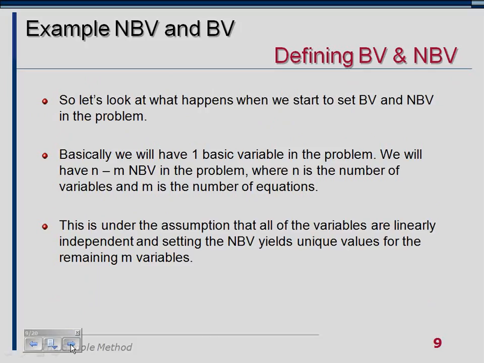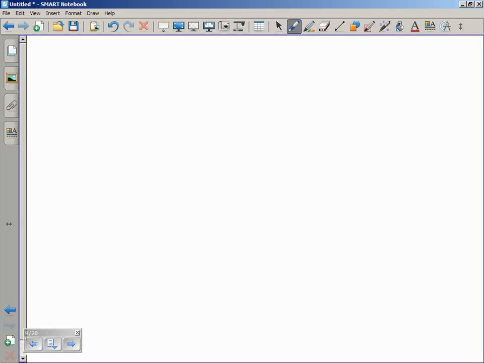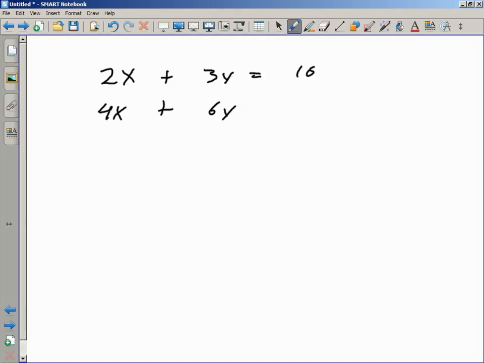Now, this is all under the assumption that the variables are linearly independent. And when I mean linearly independent, I mean this. 2x plus 3y is equal to 10. 4x plus 6y is equal to 20. So how do I solve this? I can't solve it, because they're not independent.